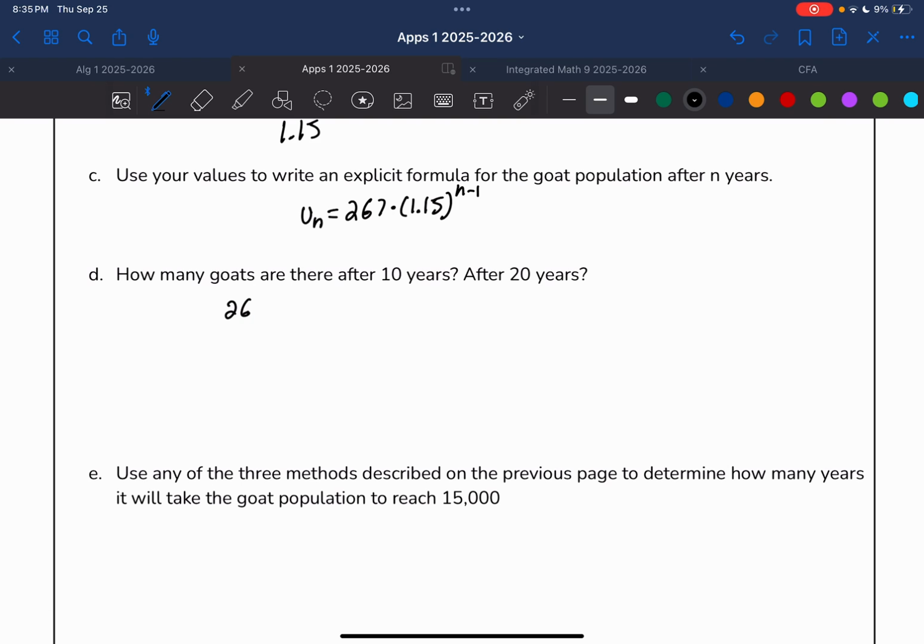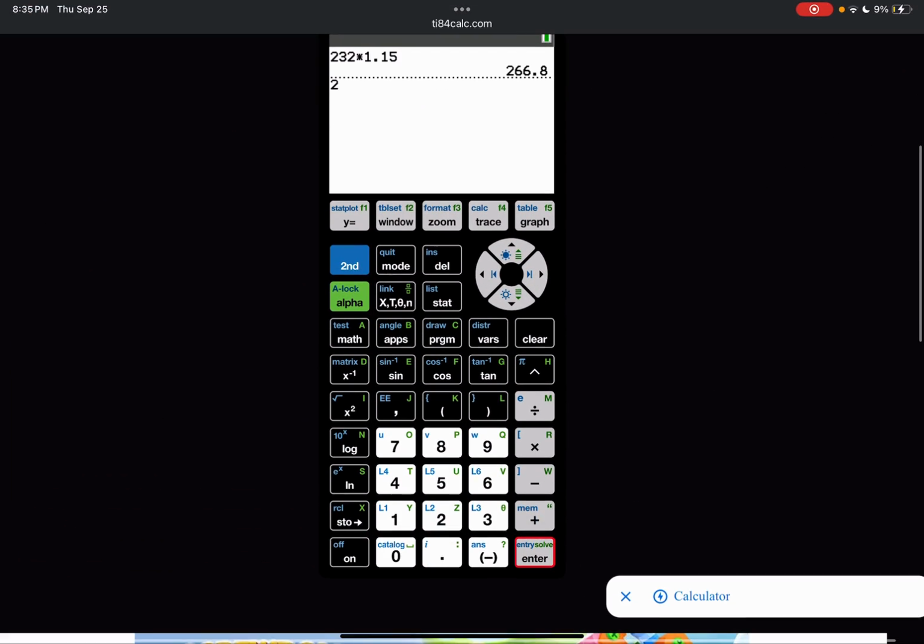So we can go 267 times 1.15 to the 10 minus 1, and 267 times 1.15 to the 20 minus 1. We can plug those into the calculator. 267 times 1.15 to the 9th, and 267 times 1.15 to the 19th, 20 minus 1.